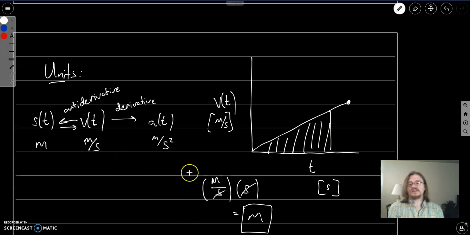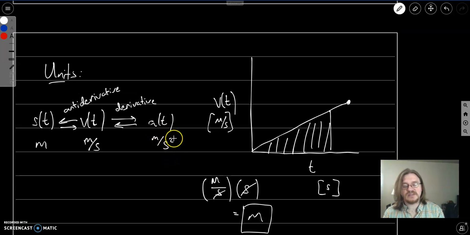So when we take an antiderivative, we're actually going to be multiplying by the units on the axis. When we take the derivative, we're going to be dividing. So the derivative of position is velocity, going from meters to meters per second. The derivative of velocity is acceleration, which is meters per second squared. When we take antiderivatives and move backwards, we end up multiplying by units of time.